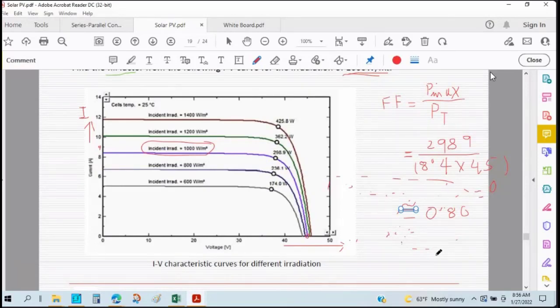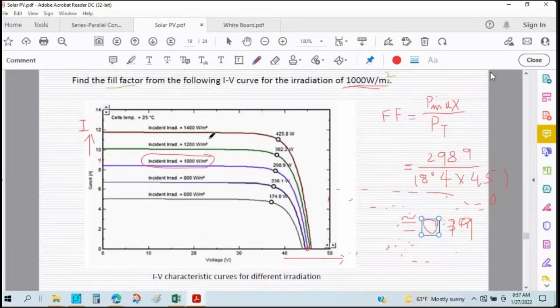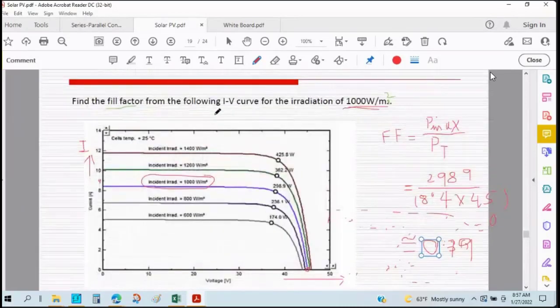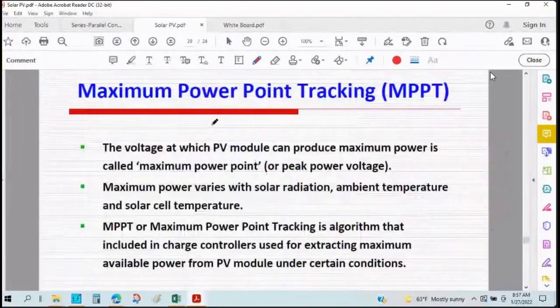If we consider 8.4, then it will be 0.79. This is the value. I think it's not that difficult to calculate. Just try to remember the definition of fill factor, and it won't be that difficult for you to calculate the fill factor.